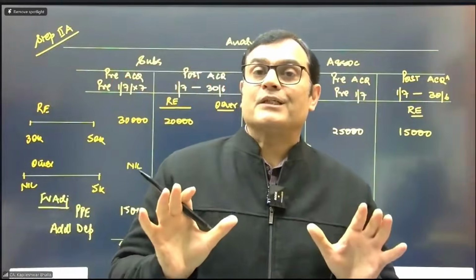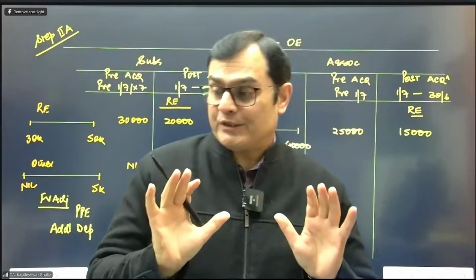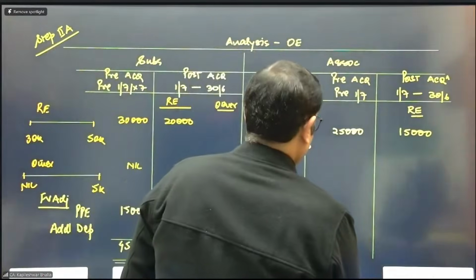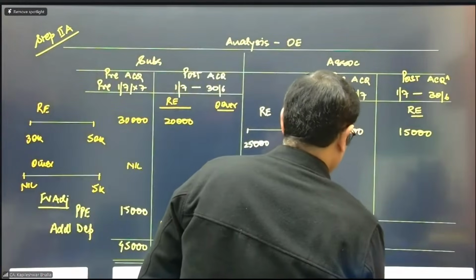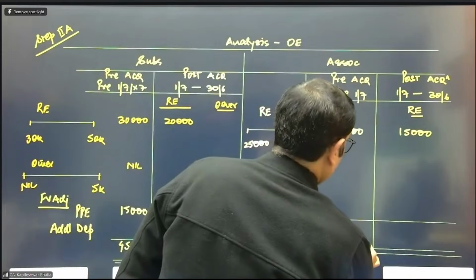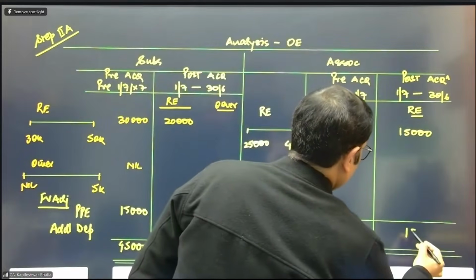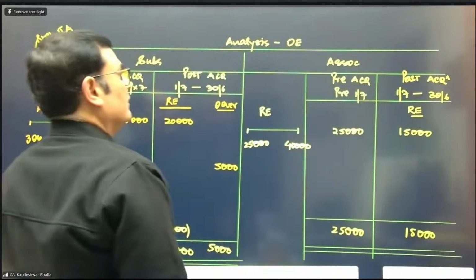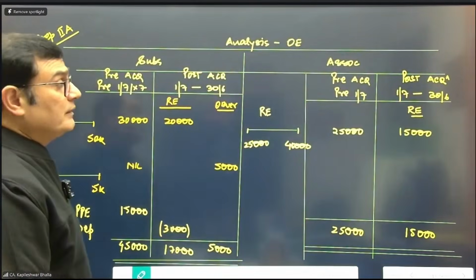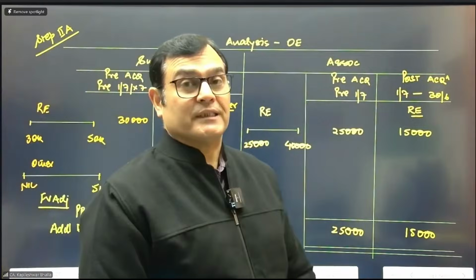There is only analysis in the balance sheet. That's it. Let's take the sum total of the pre and post in this case. So this works out at 25,000 and this works out at 15,000. So this is step number 2A, analysis of the subsidiary and the analysis of the associate.